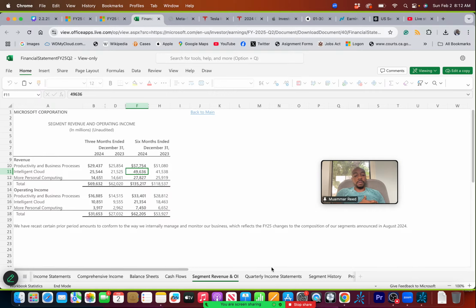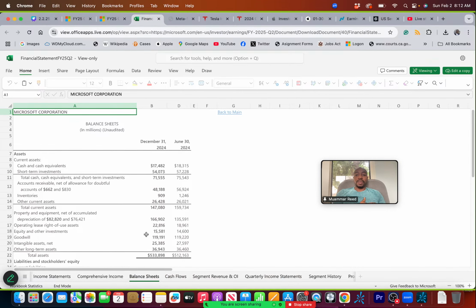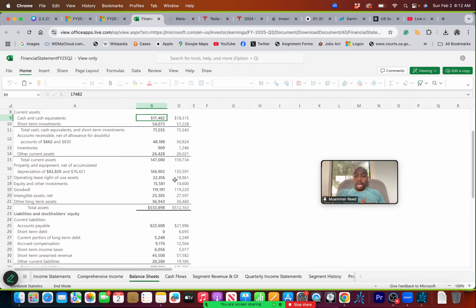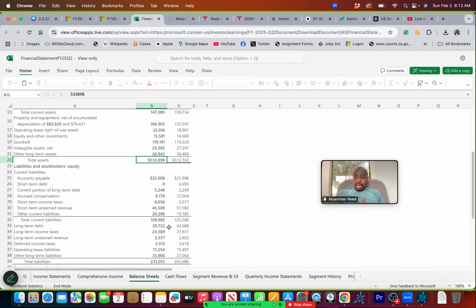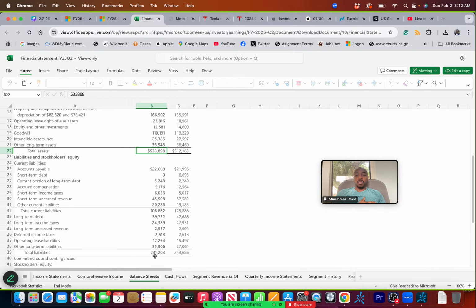They still own a significant portion of ChatGPT, which is still the leading LLM as of this particular moment. If you look at their balance sheet too, right, they've got $17.4 billion of cash to deploy. Their total assets are 533 billion, and their total liabilities are 231 billion, right?